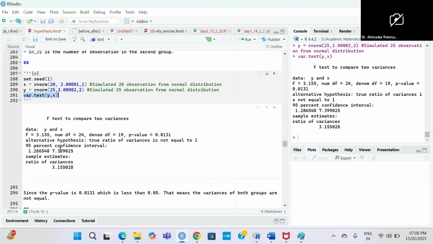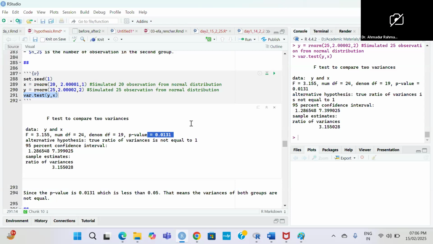So we run this command. The F test is this, an F test to compare two variances, data y and x, and the F value is 3.155. The numerator degrees of freedom is 24 and the denominator degrees of freedom is 19, and the p value is 0.01351.